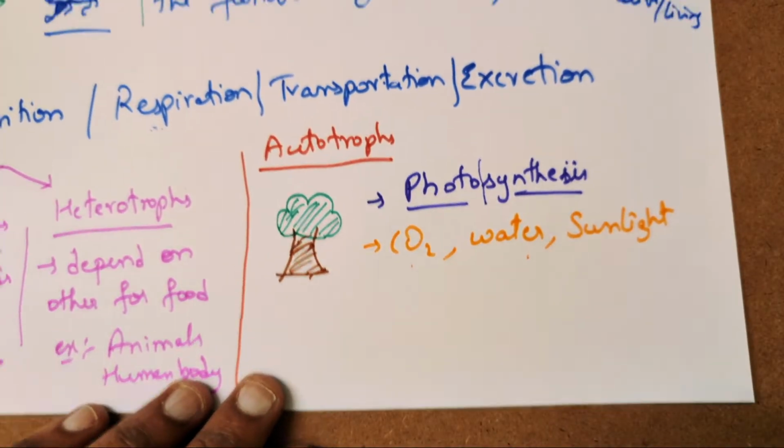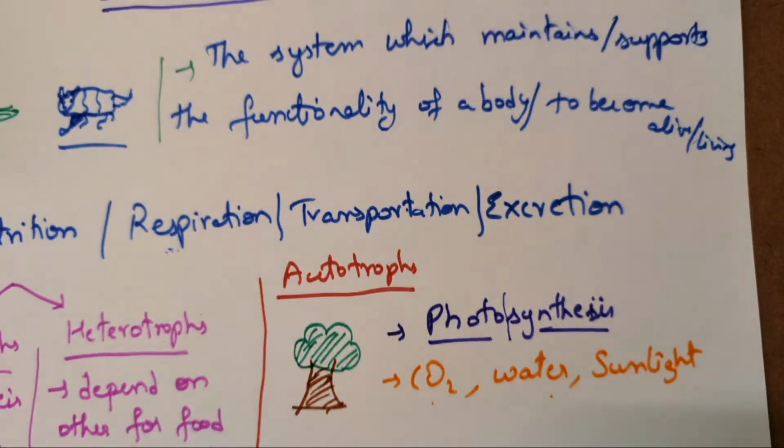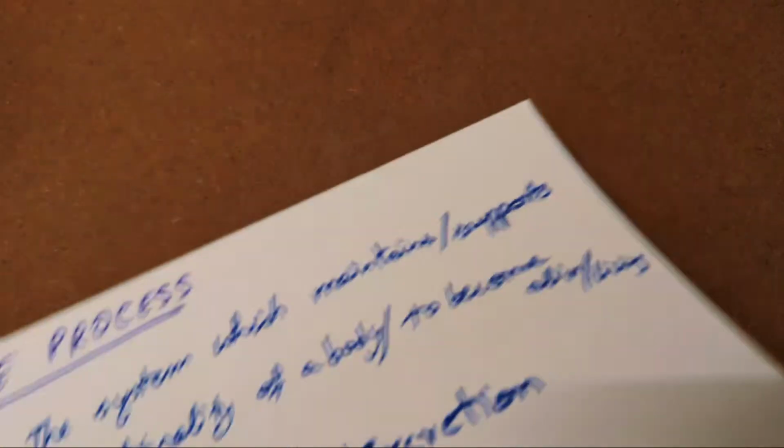For that we need to understand the structure of the leaf, because the leaf is the part where photosynthesis happens. If we take a cross-sectional examination of the leaf through a microscope or a smallest diagram, the structure will be like this.